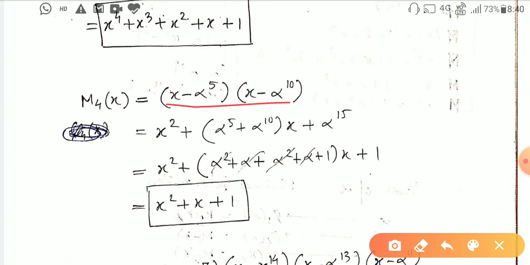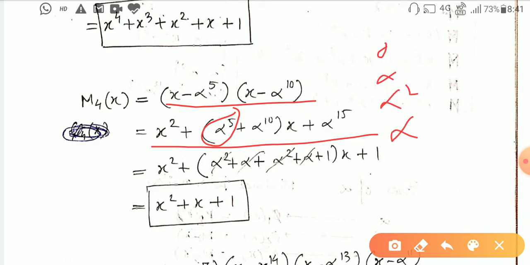If you multiply these two, why do we multiply these two? Because the elements are alpha 5 and alpha to the power of 10. So this is (x minus alpha to the power of 5)(x minus alpha to the power of 10). If you multiply, the result will be this. Alpha 5 you already calculated from the tabular one, where you write down 0, then alpha, alpha square, alpha cube, and alpha 4 is equal to alpha plus 1.